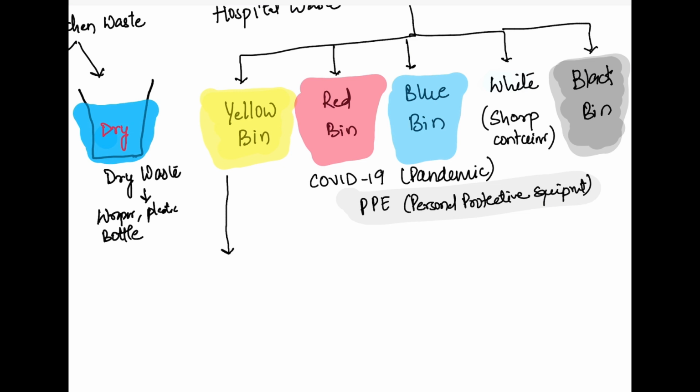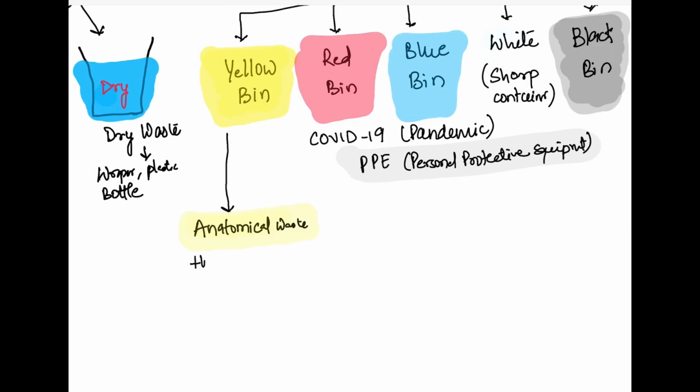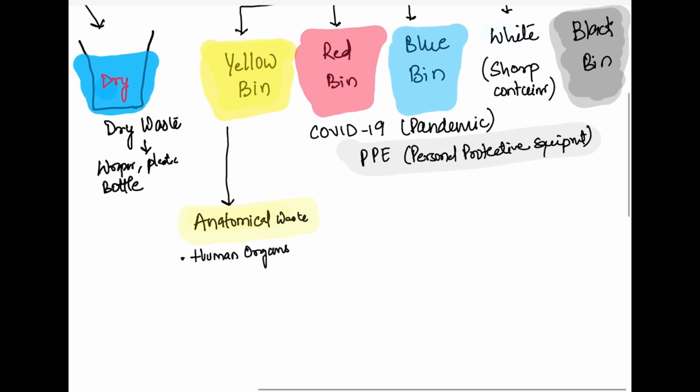In the yellow bin we will put all anatomical waste, human organs. Any tissue taken out, any organ removed, a body part or a dead fetus, we will put into the yellow bin.